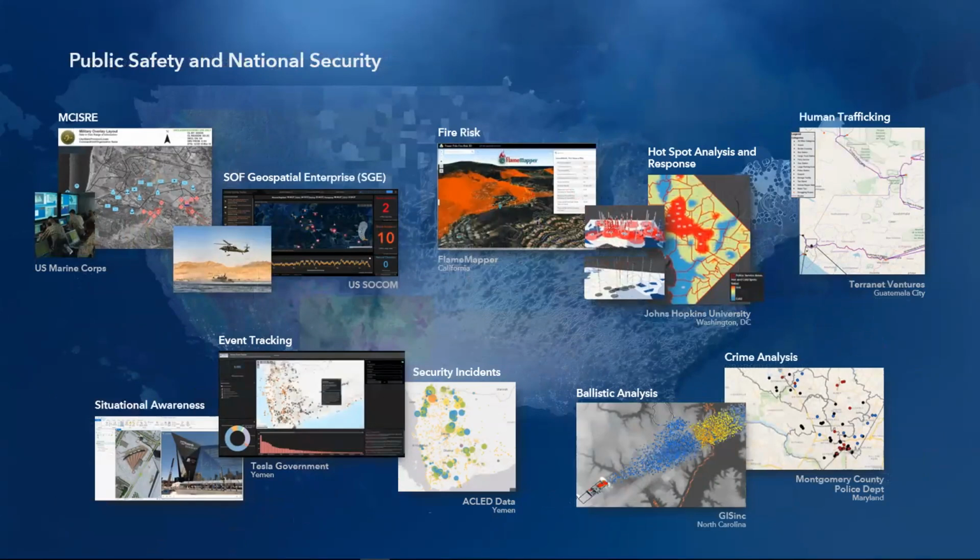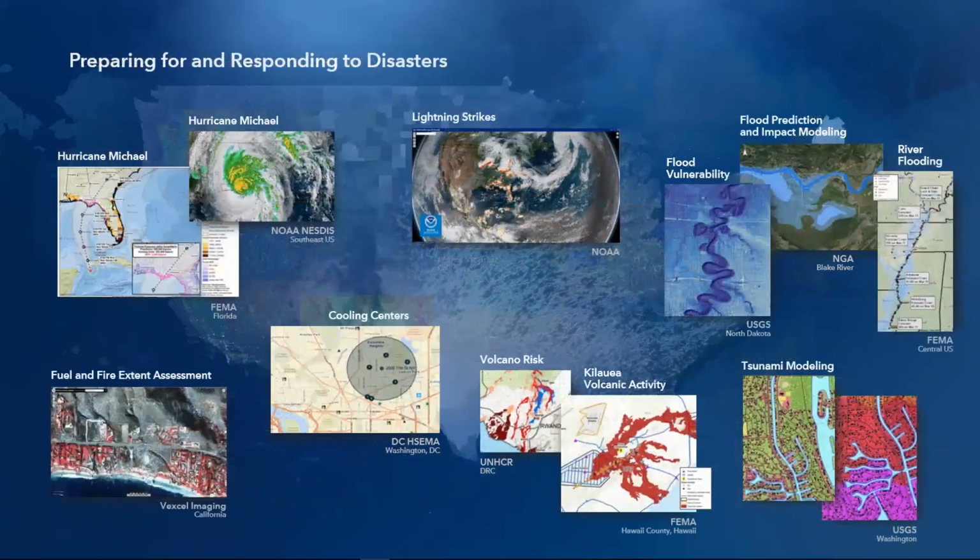So these are all areas where it is used. Natural disasters, or preparing for these disasters, from modeling hurricanes to using high resolution imagery, for example, from vectoral imagery for fuel and fire extent assessment.